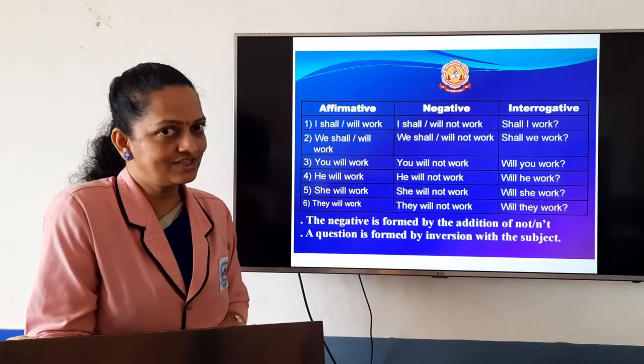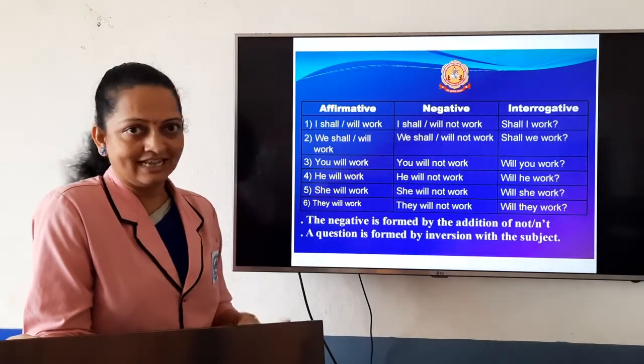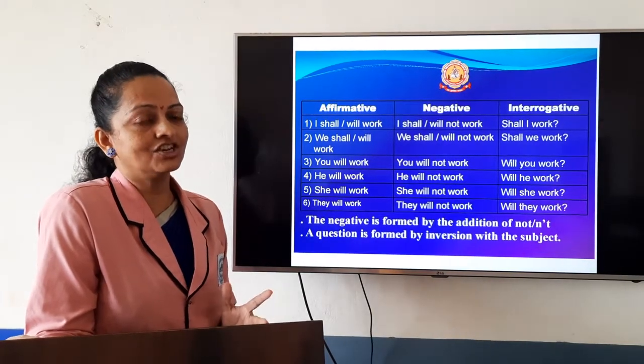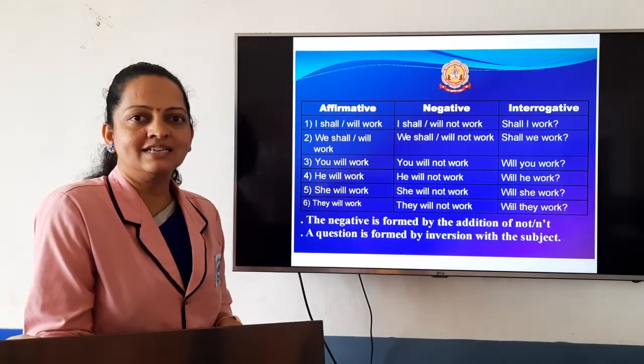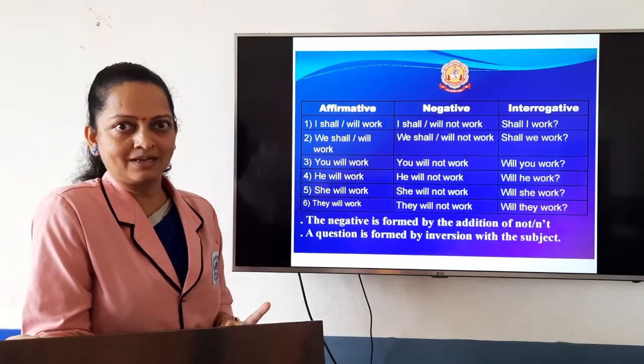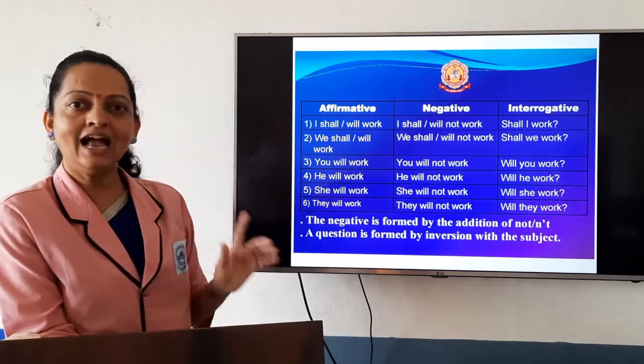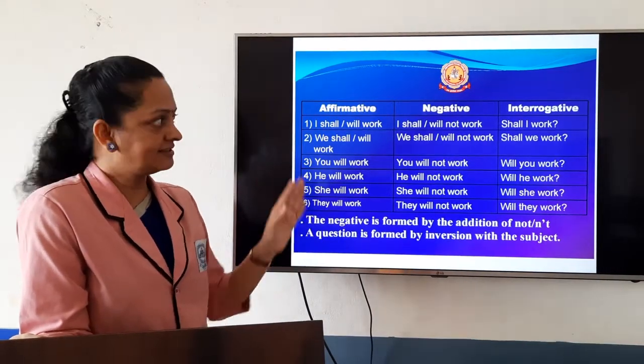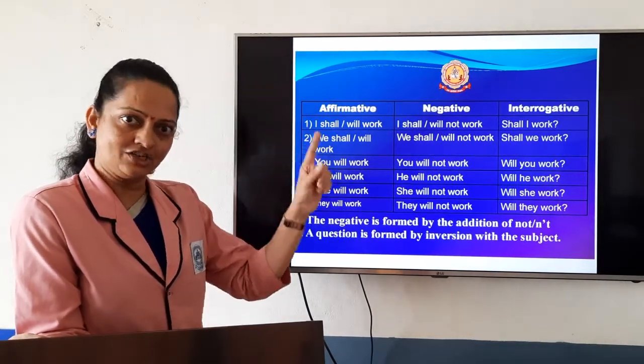Based on functions we have affirmative, negative, interrogative and imperative sentences, and based on structure we have simple, compound, complex and compound-complex sentences. So let's see how these modal auxiliaries are used to form affirmative, negative and interrogative sentences.